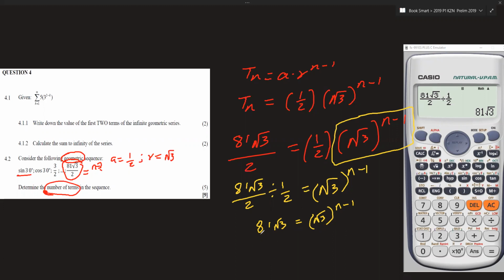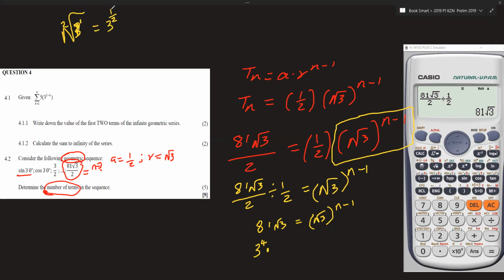The first way: obviously 81 is 3 to the power 4. So I'm going to change 81 to 3 to the power 4, multiplied by the square root. Remember, a square root has a hidden 2 here. So inside we have 3 to the power 1. This can be written as 3 to the power 1 over whatever the root is.